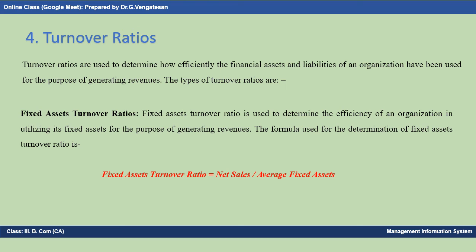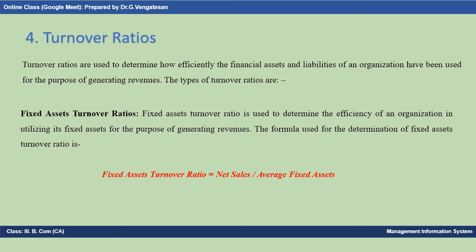This turnover ratio is always used to calculate the profitability position of the organization. The profitability position of the organization is always measured with the help of turnover ratio. And under turnover ratio, we have the following ratios that are to be covered.